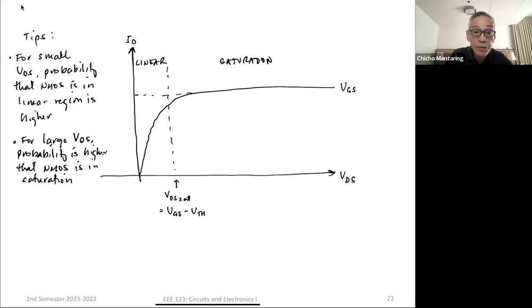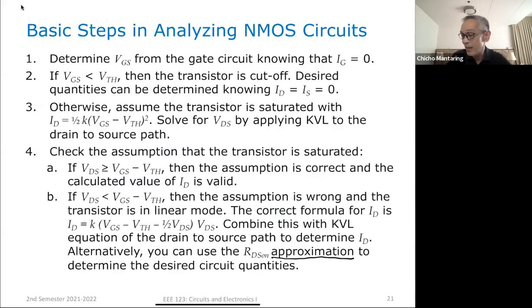If the value of VDS is small, then your initial assumption might be that it is in linear mode. If the value of VDS is large, then your initial assumption might be that it is in saturation mode. If you have no idea, usually we start with the assumption that the transistor is in saturation.